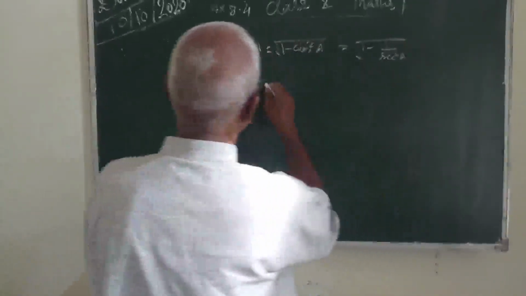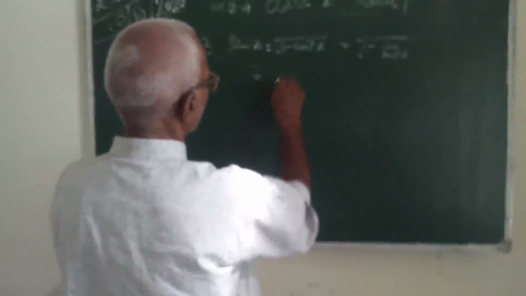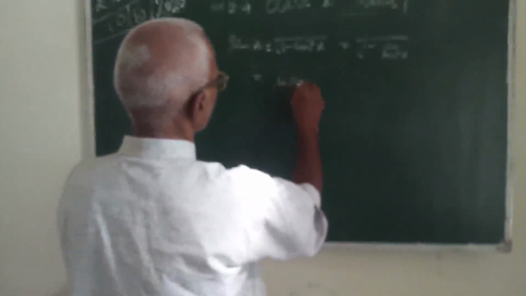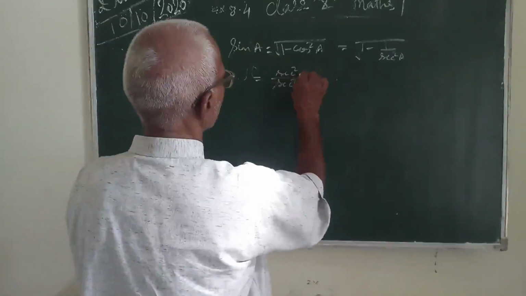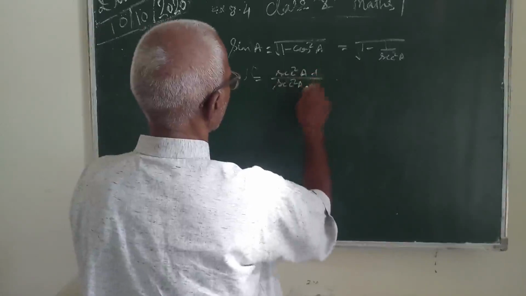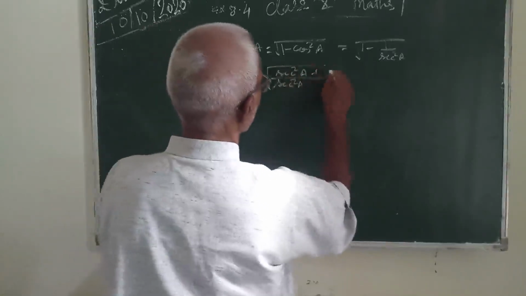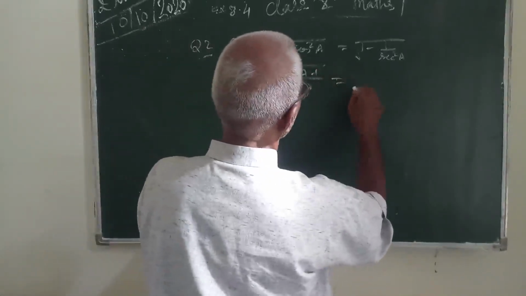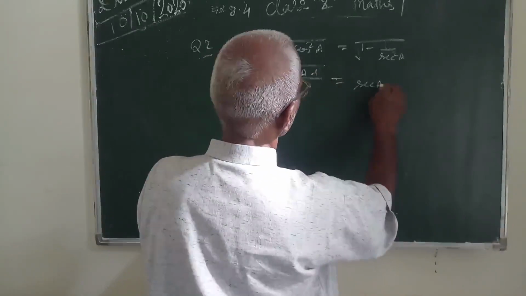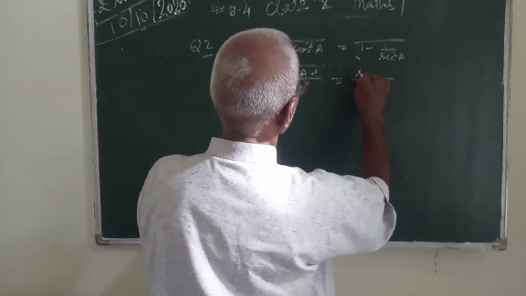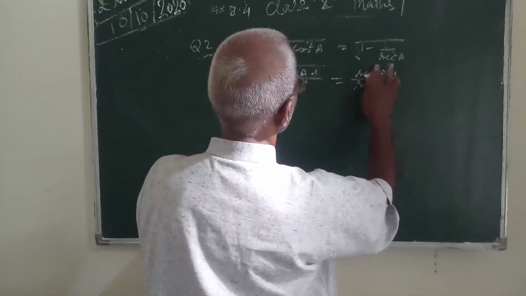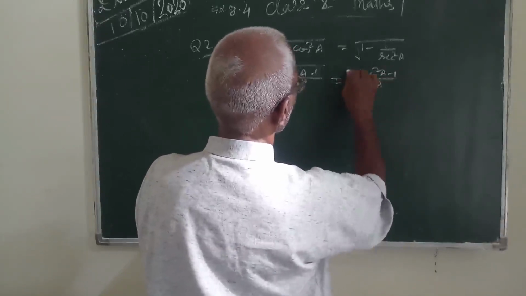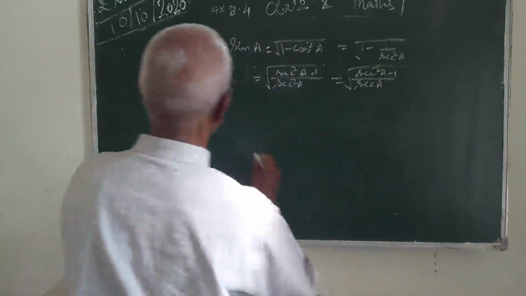That one becomes left this, so I left that. Now take LCM. Here will be sec square A in numerator, sec square A minus 1. So root is there, because denominator can be made free from root, so here is sec square A minus 1. This is the final answer for sine.